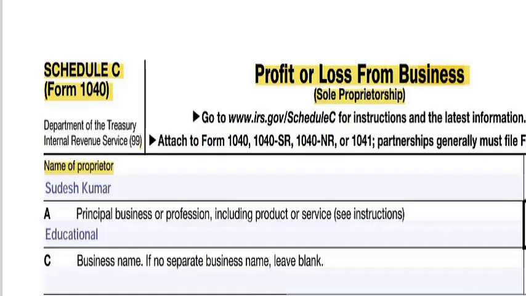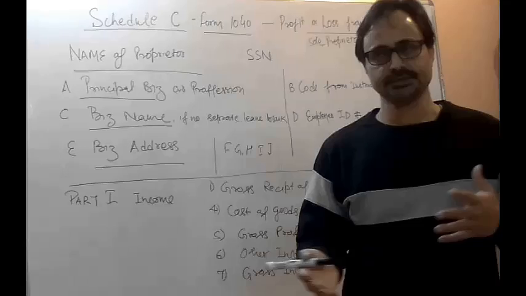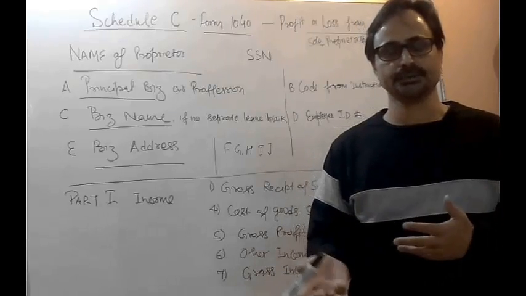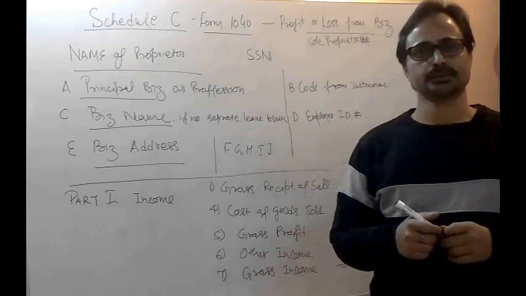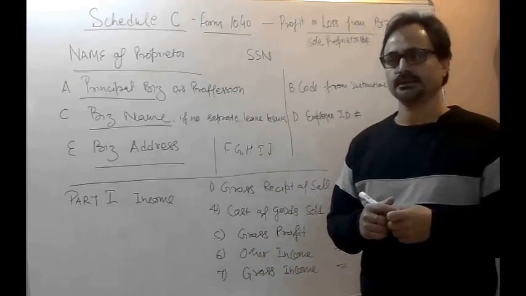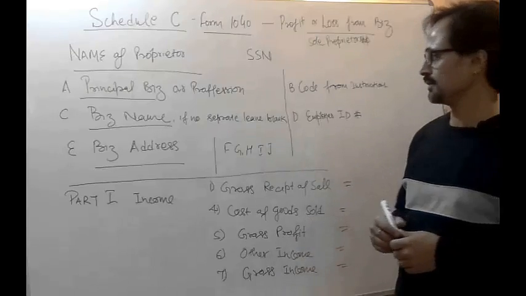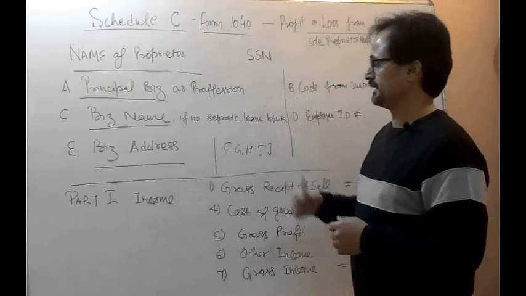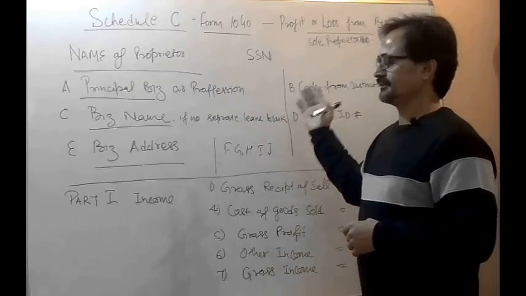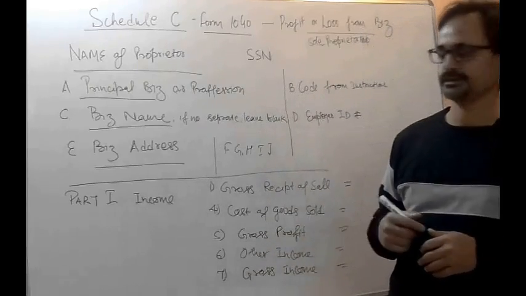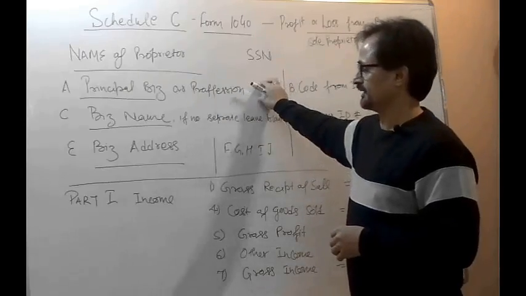Or it could be marketing. Someone may have a business where they have a couple of cars and are renting out those cars, so renting business could be here. Whatever the business owner is doing, that profession.